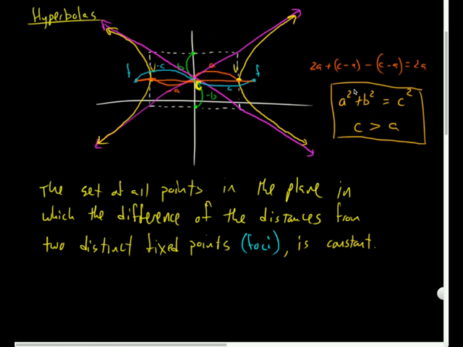So these are true for a hyperbola. And just a side note, for an ellipse we had that a squared minus b squared equals c squared, and c was less than a, facts regarding ellipses, just so we're aware of that.